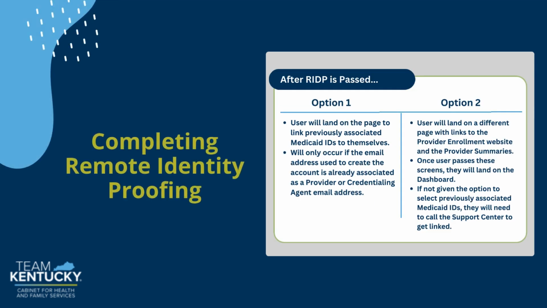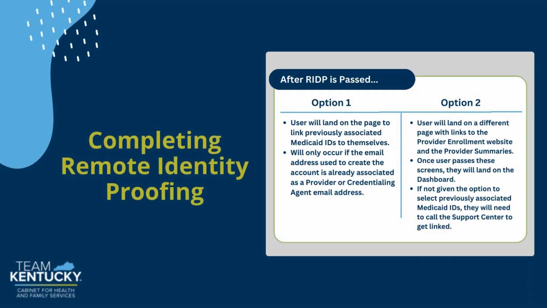After RIDP is passed, the user will land on one of two screens. One, the user will land on the page to link previously associated Medicaid IDs to themselves. This will only occur if the email address used to create the account is already associated as a provider or credentialing agent email address and will only be available on the first 2 logins.